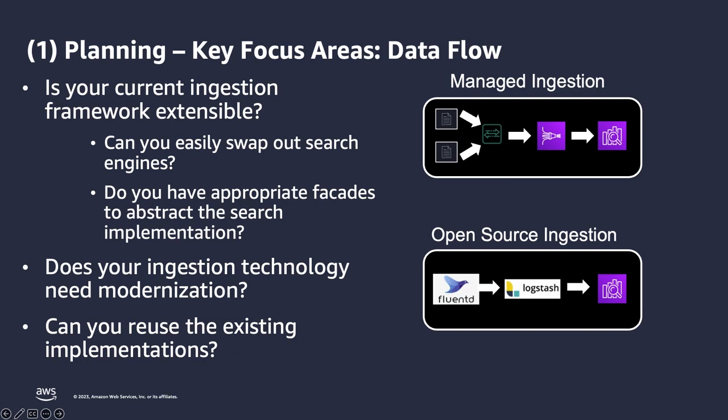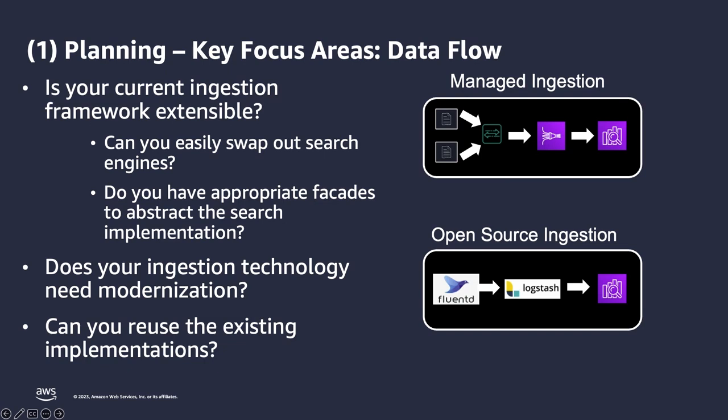So the next key focus area in planning is to make sure that you have a data flow that works from the source to your old cluster, and the same data flow will also work from your source to the new target cluster.